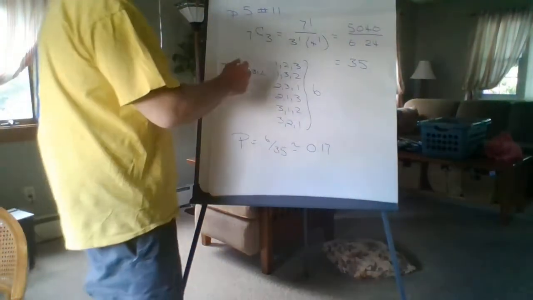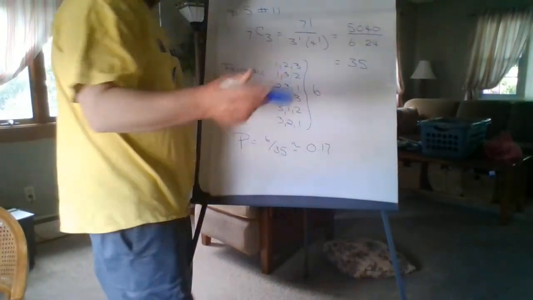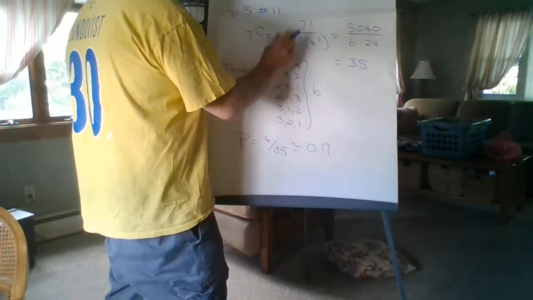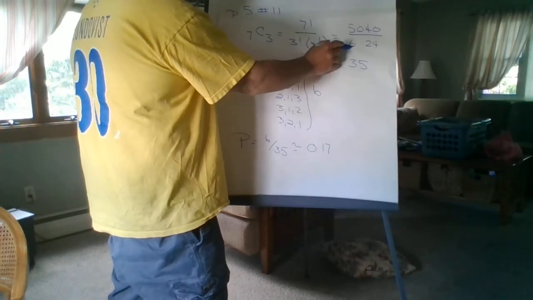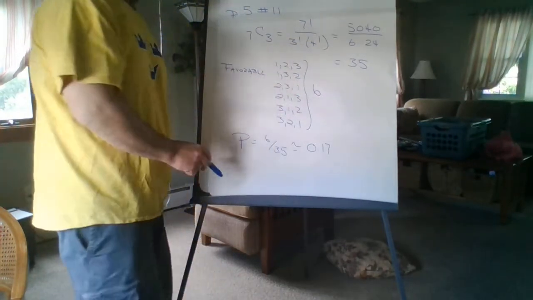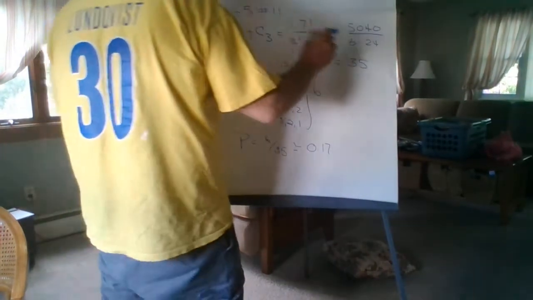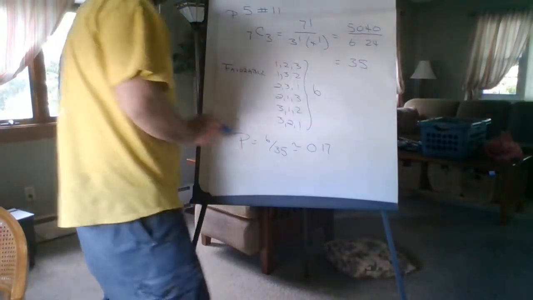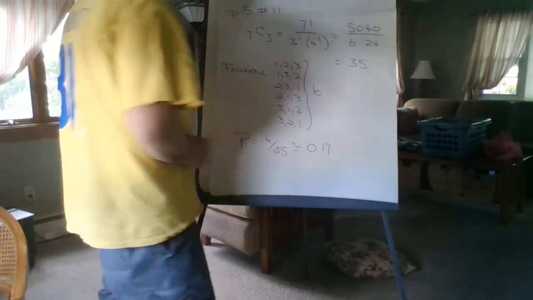The numbers go big pretty quick. All right, look for things to cancel out, because otherwise your calculator is going to give you an error message. 3 factorial, 3 times 2 times 1 is 6. 4 factorial, 4 times 3 times 2 times 1 is 24. So I end up with 5,040 over 144. 6 times 24 is 144. And that gives me 35.